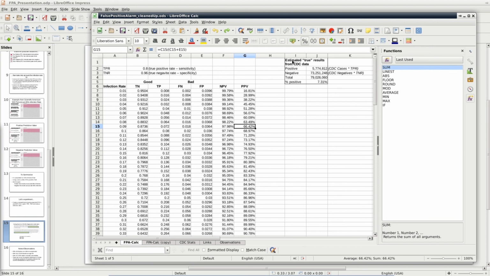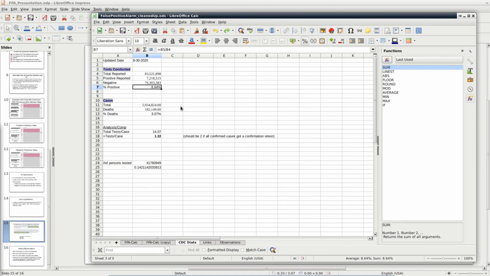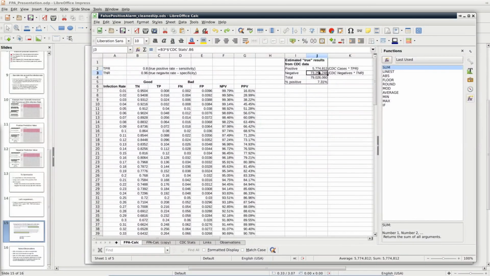And by the way, this little block up here, what I did was I pulled in the data from this other sheet. So the test results, the positive tests, I pulled those in and multiplied them by the true positive, true negative rate.